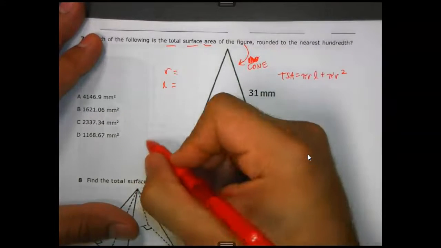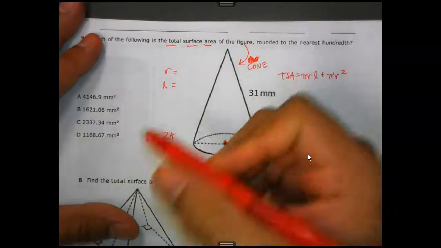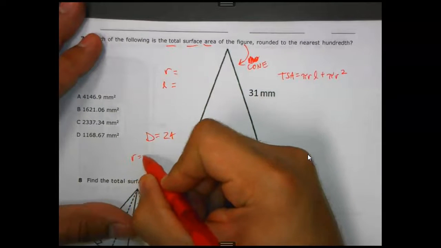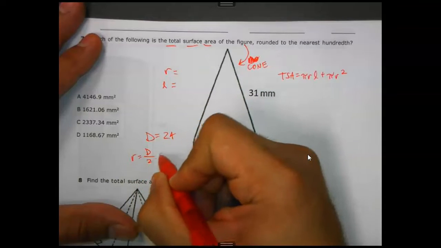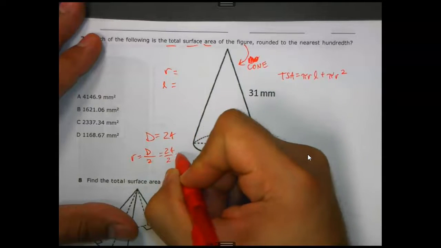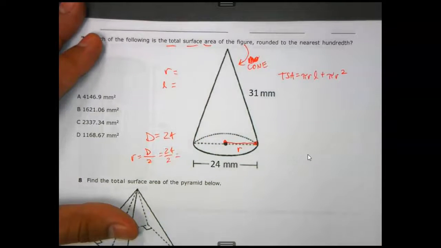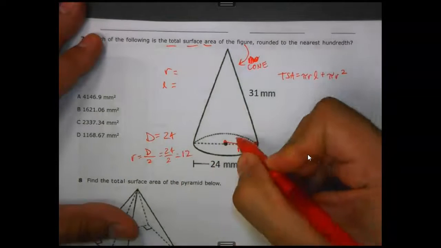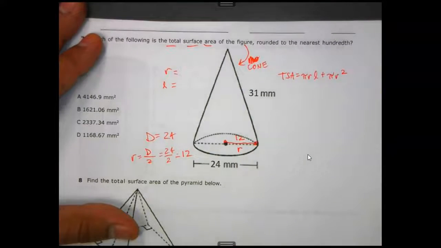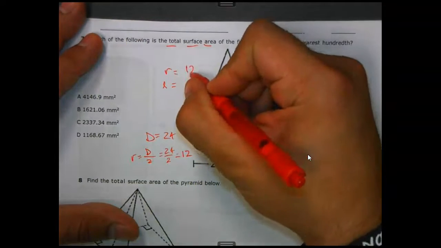Remember, if the diameter is 24, the radius is the diameter divided by 2. So what's 24 divided by 2? Half of 24 is 12. You could use a calculator to figure that out if you need to. But the radius is 12, not 24.